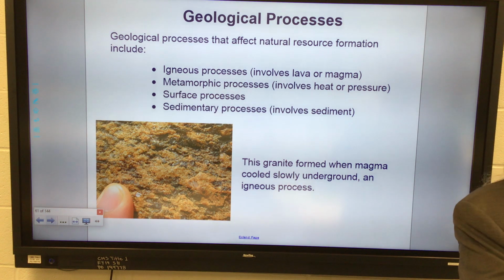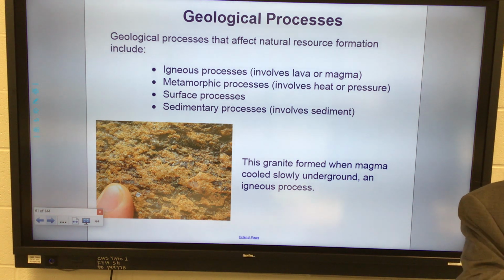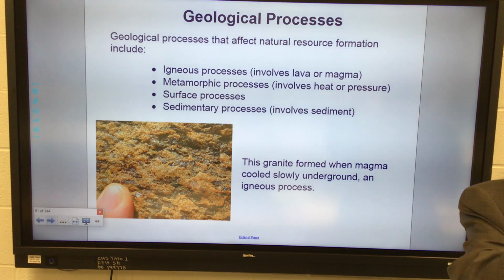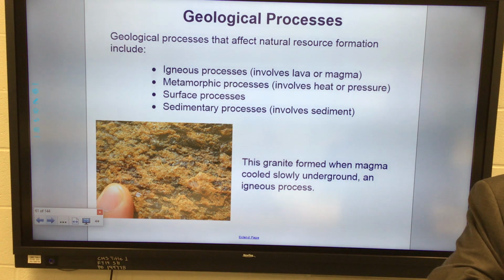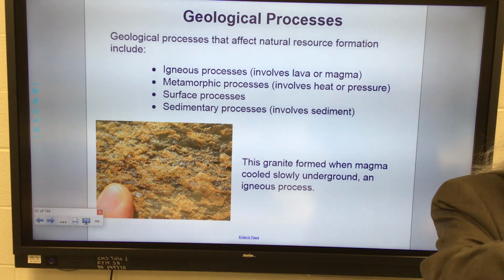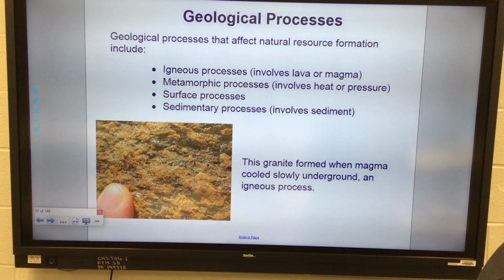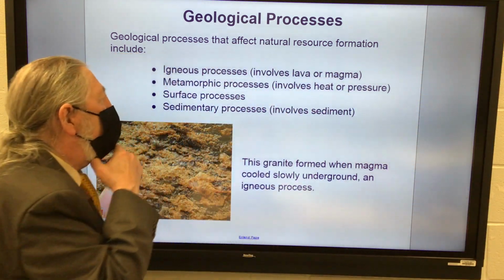Because it's smooth, and you can see different colors of stuff in there. It's been hot. It melted. You can see different little stripes. So this is an igneous rock. It's been through the igneous process. So that involves lava or magma.